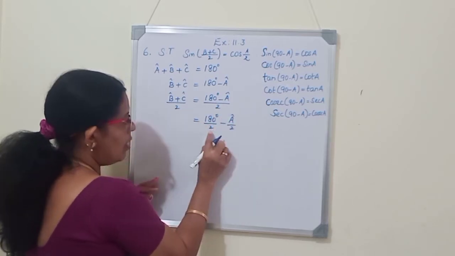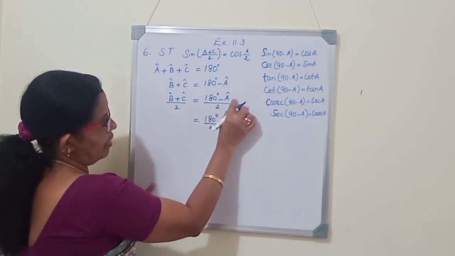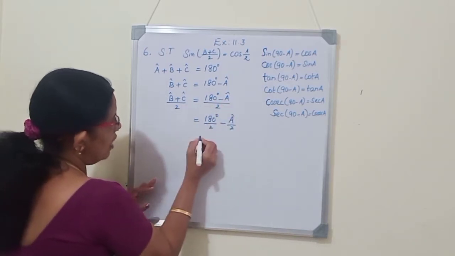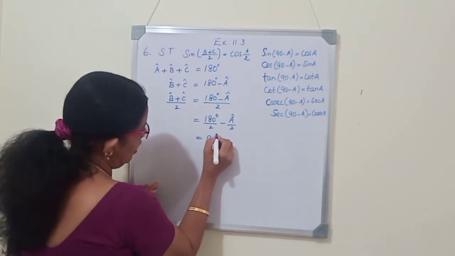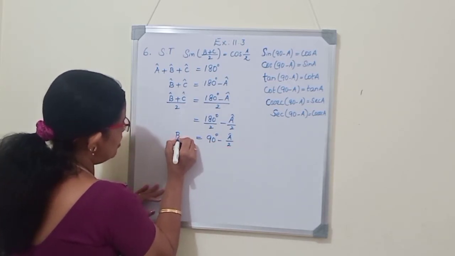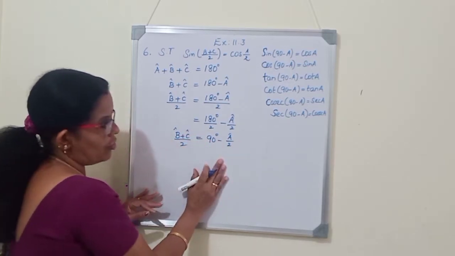If it is the same denominator, we write the common denominator and write the numerator, so reverse we are doing, separating the numerator. Now you see 180 by 2 is 90 degree and A by 2 as it is I'll write. So here (angle B plus angle C) by 2 is 90 minus A by 2 we got.